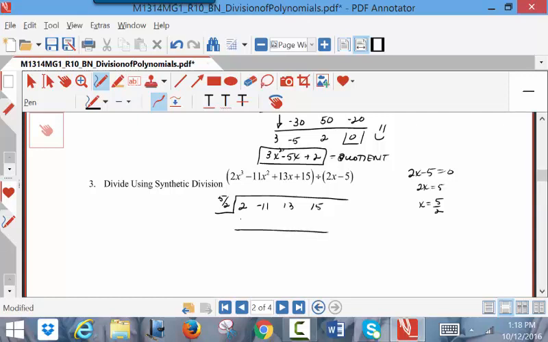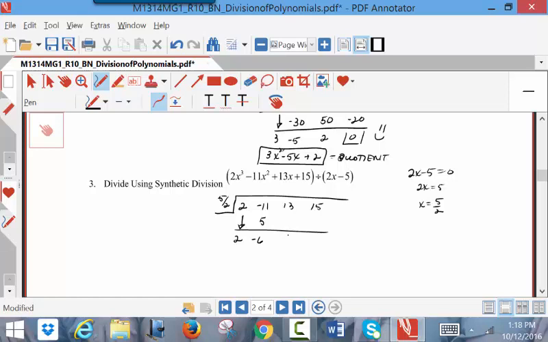You're going to bring down your 2. You're going to multiply, then add, multiply, then add, multiply, then add. 5 halves times 2 is 5. Then I add. Negative 11 plus 5 is negative 6.